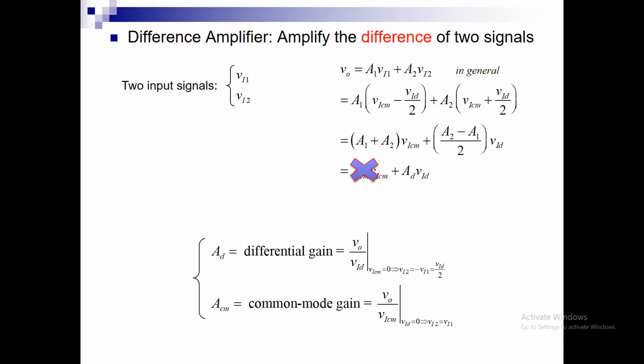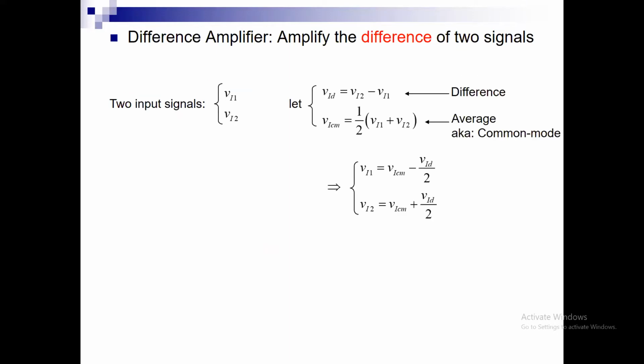Okay, we'll take an example now. Let me repeat it here very briefly. We have two input signals, VI1 and VI2, arriving at the amplifier with some circuitry around it, and this is VO. VI1 is arriving somewhere and VI2 somewhere else.